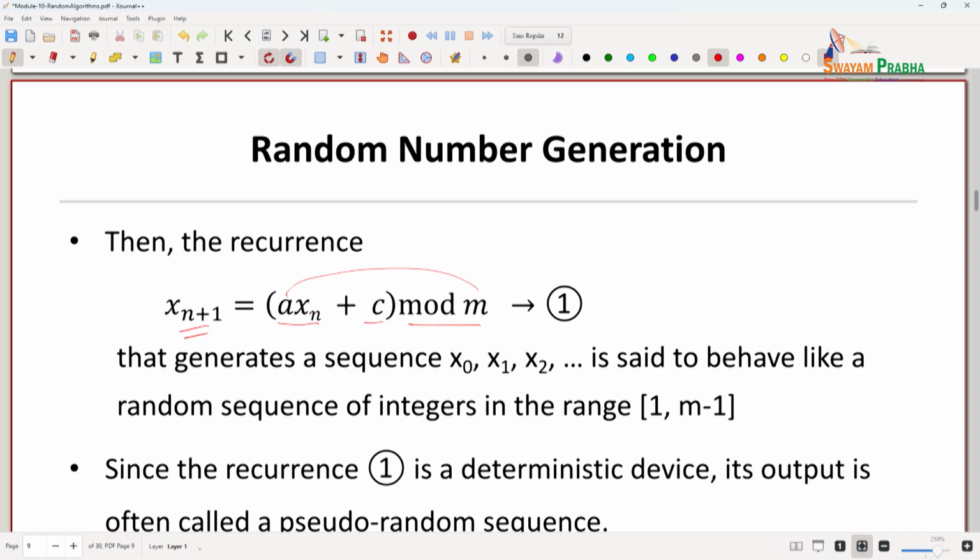Given a, c and m, I can compute x1 from x naught, x2 from x1 and so on. This generates a sequence x1, x2, x3. And what is the idea? If m is large, if you start with a large x naught, and a is large, the sequence so generated behaves like a random sequence of integers in the range 1 to m minus 1.